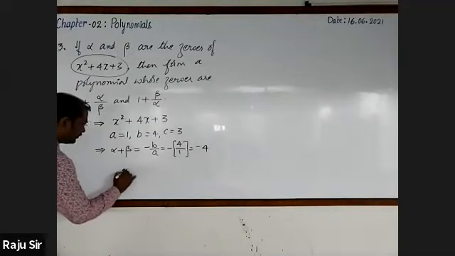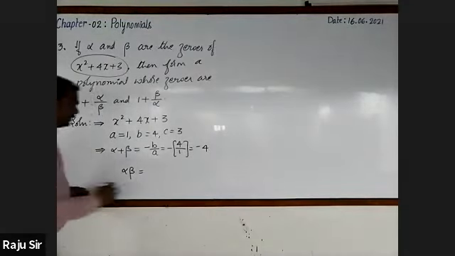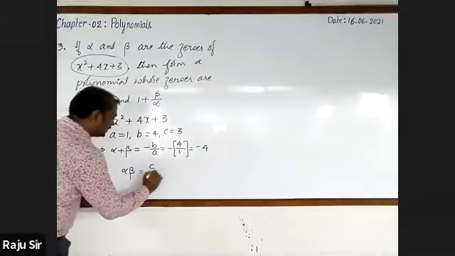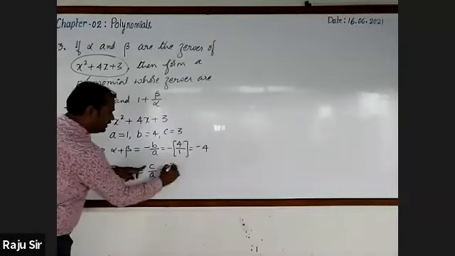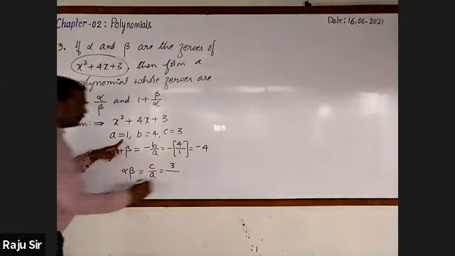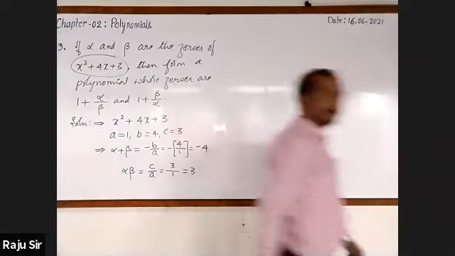Next, find out the product of zeros, alpha into beta. That is c by a, where c is 3 and a is 1. 3 by 1 is 3.